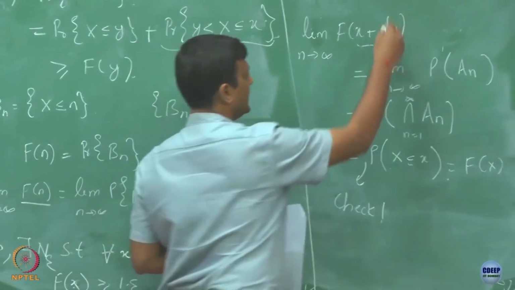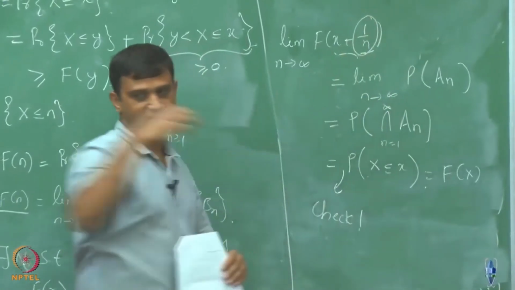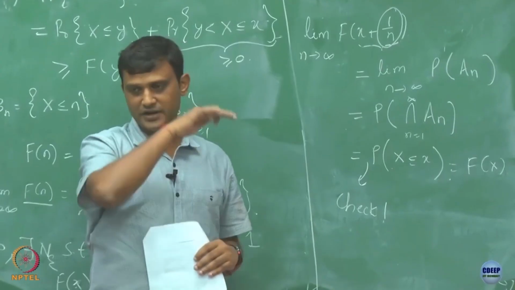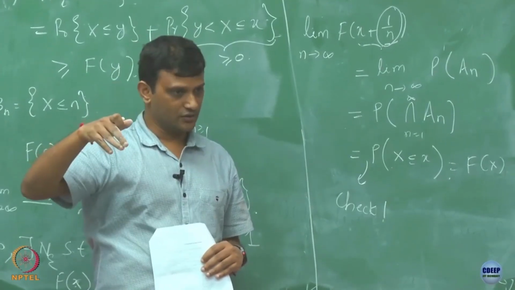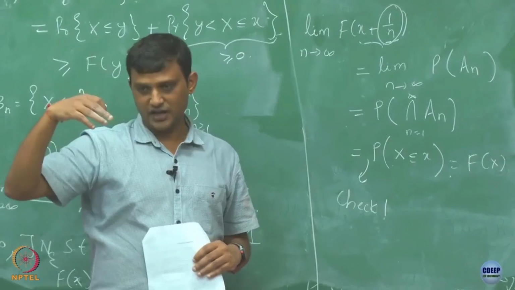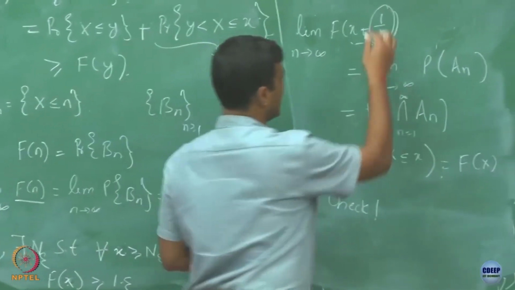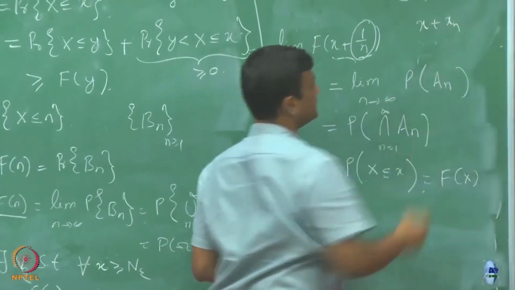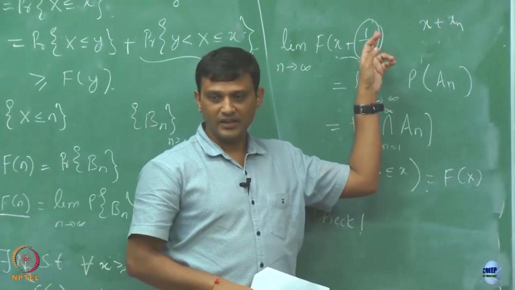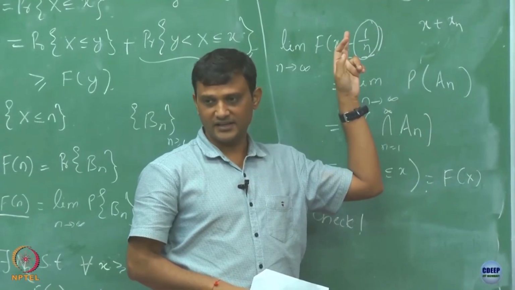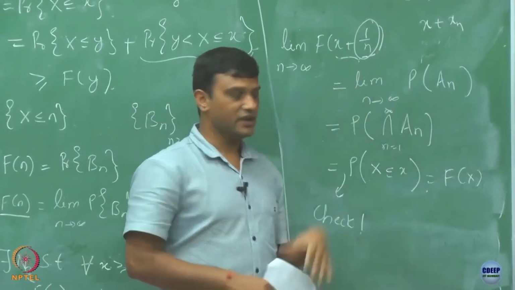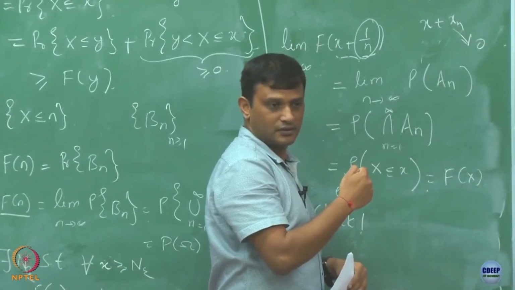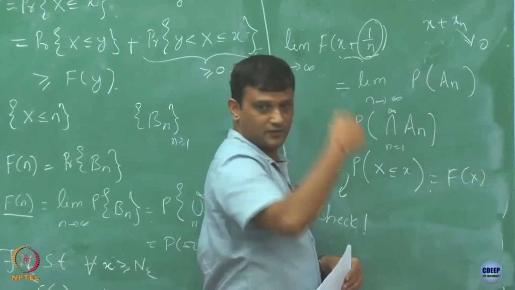So just see that 1 by n is converging to 0, right. So at some point it should be falling arbitrarily close to 0. Let us say this is any sequence that is converging to x from the right. If that is the case, this xn should also be going to 0. It is just that this 1 by n is going to 0.